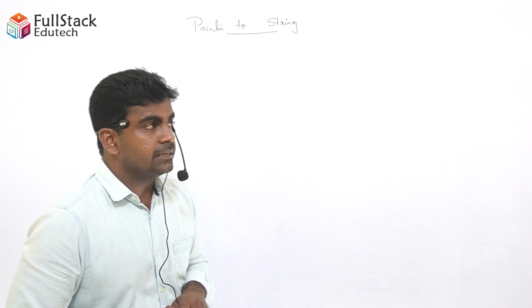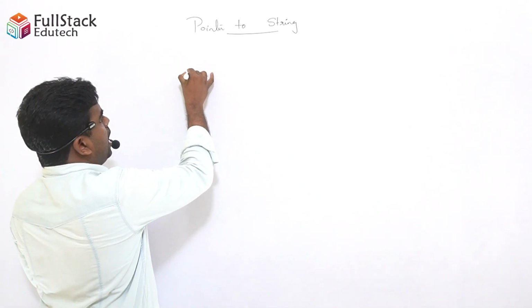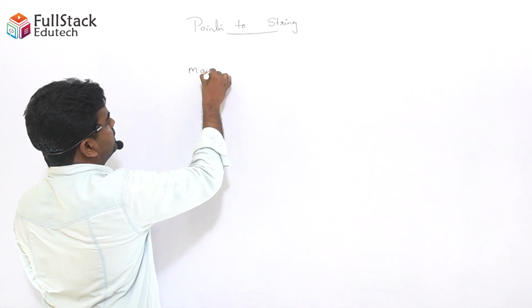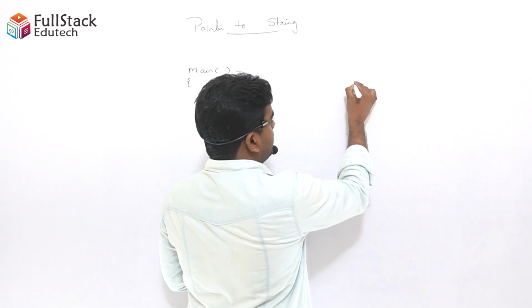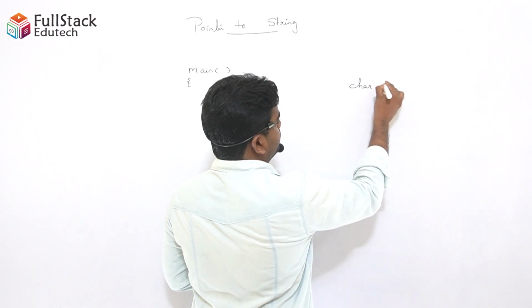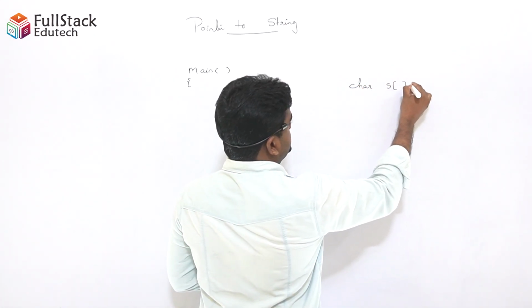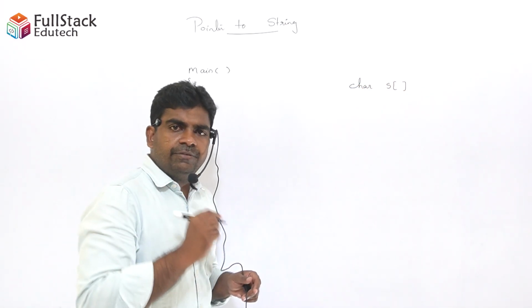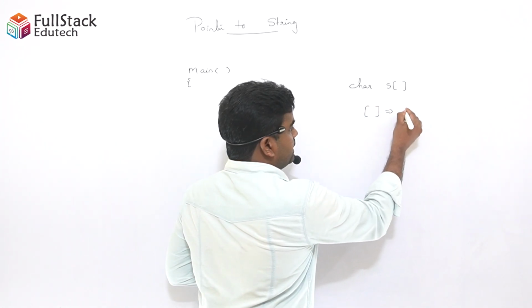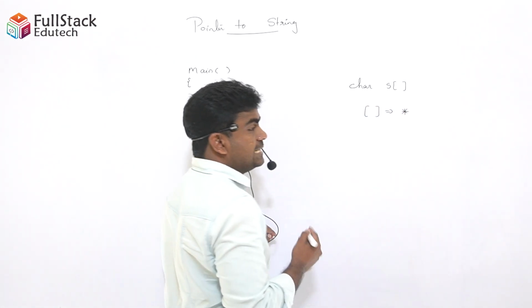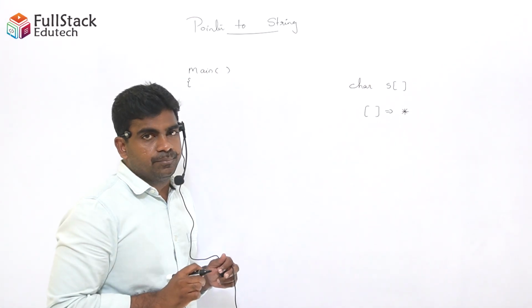Normally in C language, how can we represent the string? Here, I'm showing a character array. Any string we represent like this. But we already discussed that square brackets are exactly equal to star, which is nothing but a pointer type.